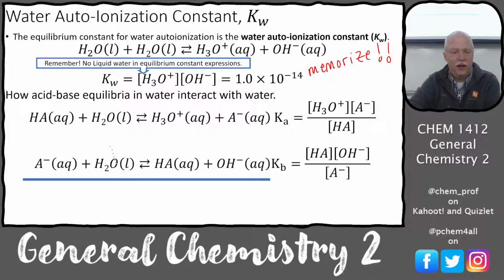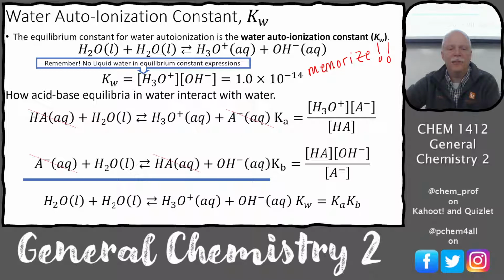Then I have all four of these species added together, and they produce all four of these species. But notice on either side I have some identical things. The acid on either side would cancel if I add these two reactions, and the anions on either side would cancel. And when I add these together, I end up with this reaction. I end up with two waters on the left, the hydronium ion on the right, and the hydroxide ion on the right. And I end up with the equilibrium constant for water, for the autoionization of water.